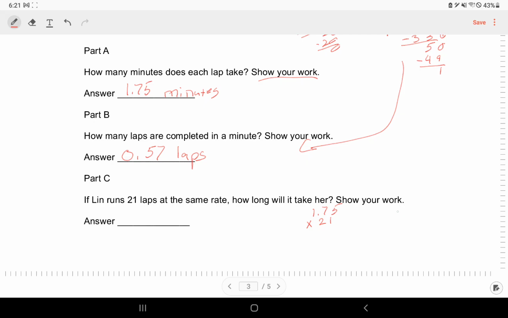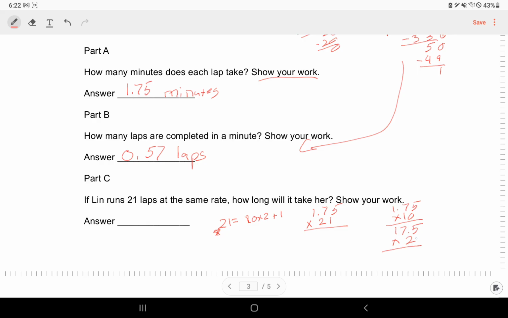Well, we can do this, or we can do 1.75 times 10 is 17.5. Now times 2, because 21 is equal to 10 times 2 plus 1.